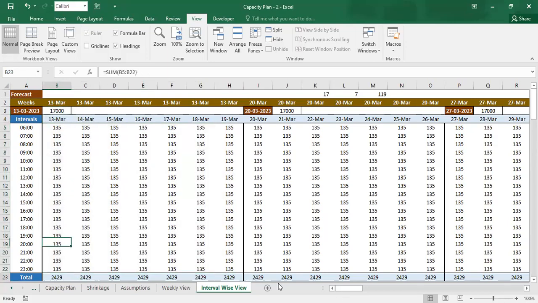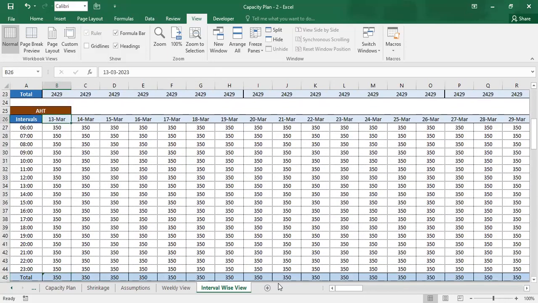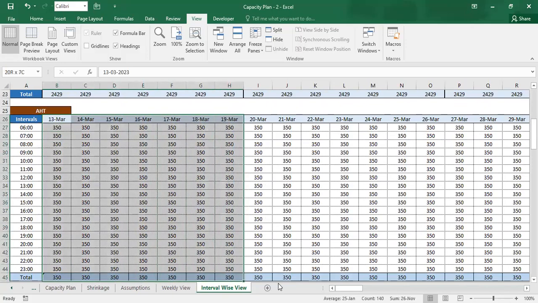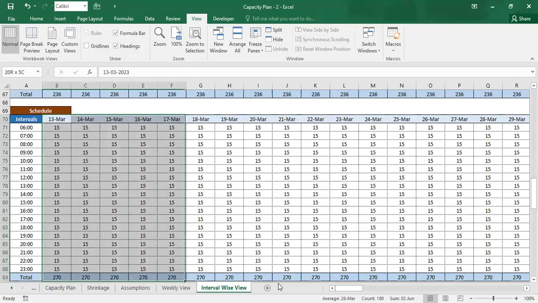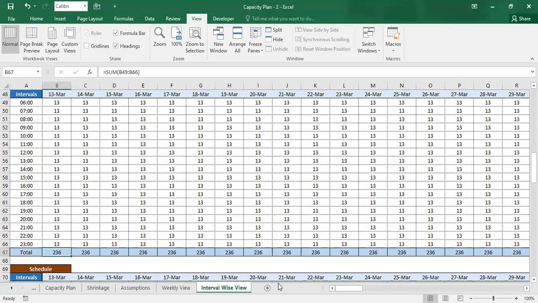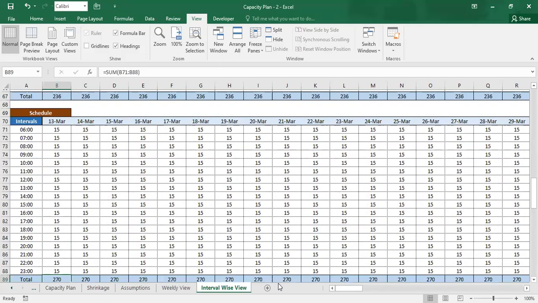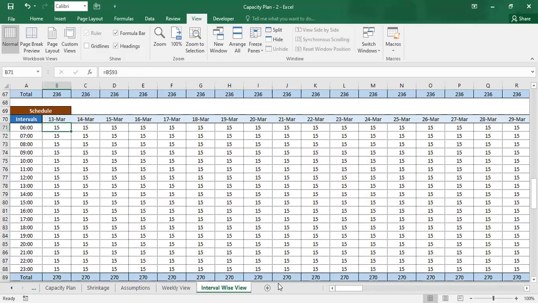Same way I have taken the AST, and here I have calculated the requirement. Here I have plotted the dummy schedule. Like the required headcount that we have is 13, and here I have plotted 15.